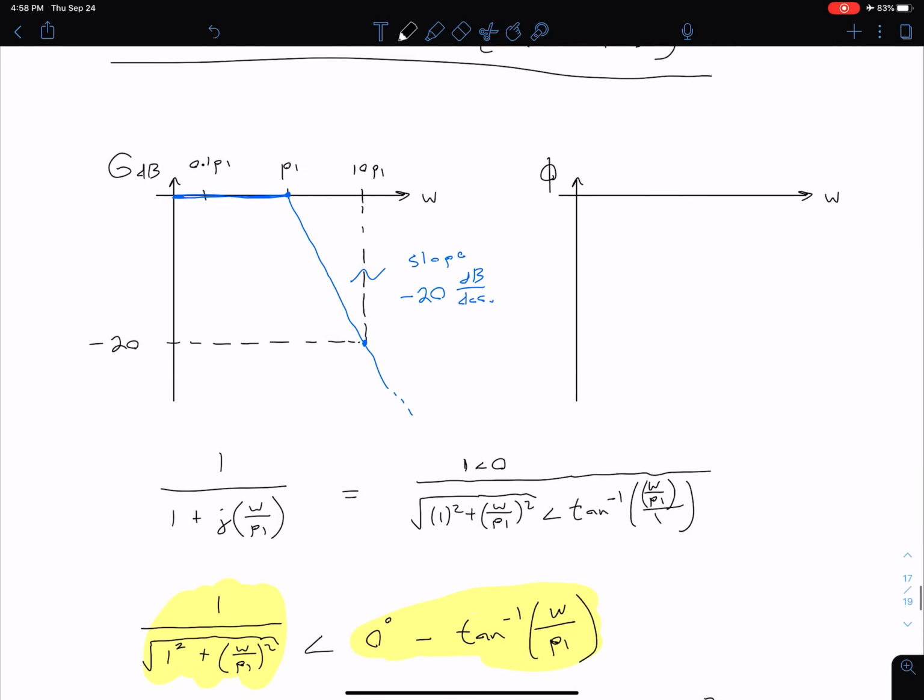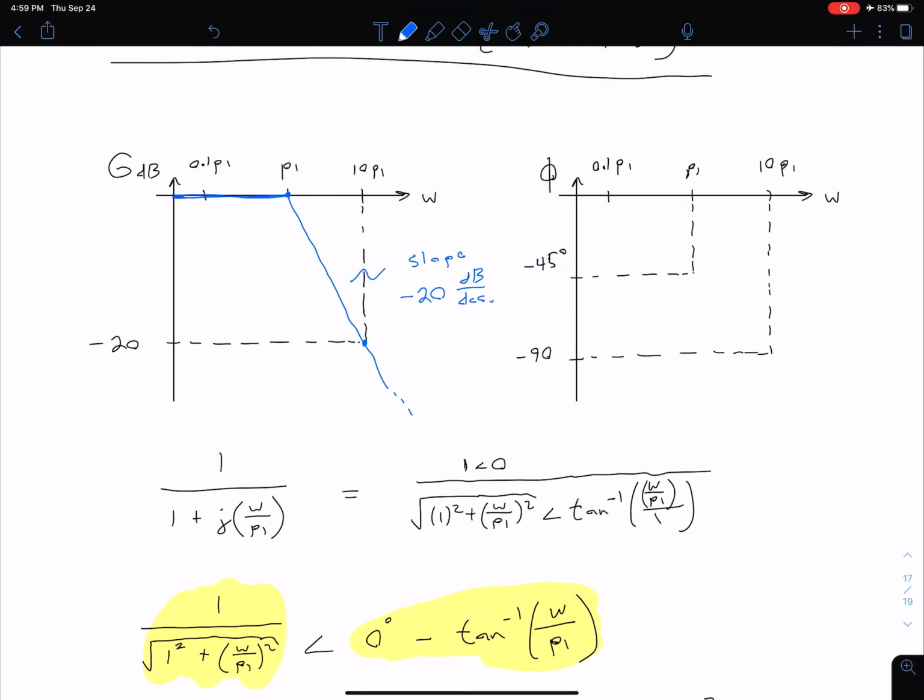So if we come up here, let's again add our frequencies. Let's say we have a tenth of P1, P1, and 10 times P1. So we get something that looks like that. And our key phases in this case are going to be negative 45 degrees and negative 90 degrees. So at a value of P1, we have negative 45 degrees. We didn't show all that in as much detail, but it's the same idea as what we saw for our simple zero.